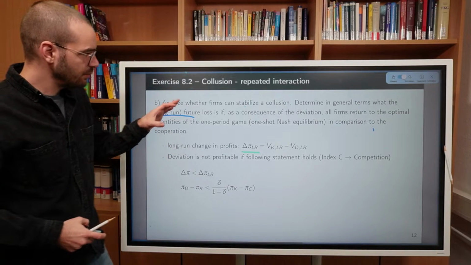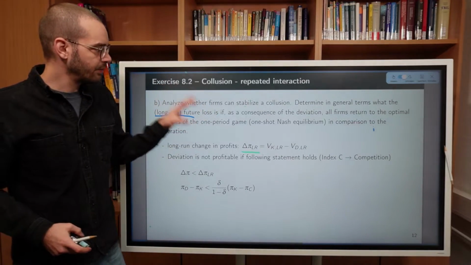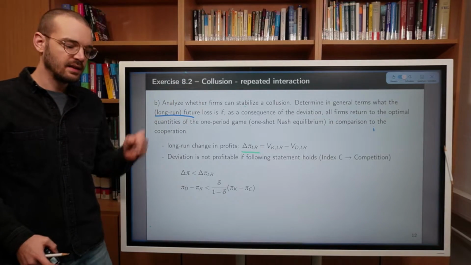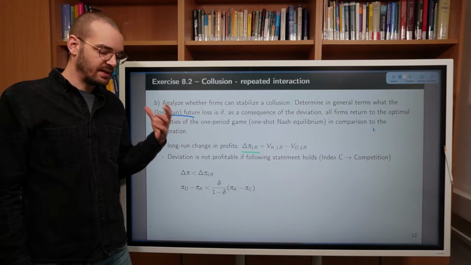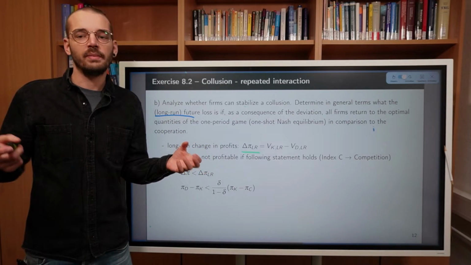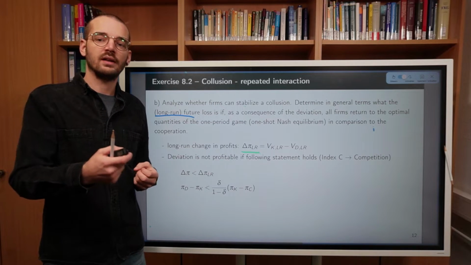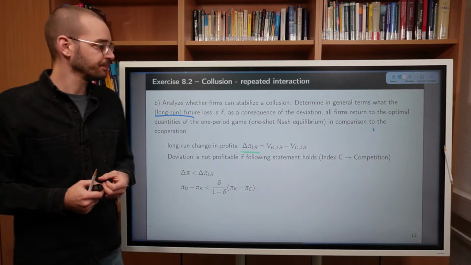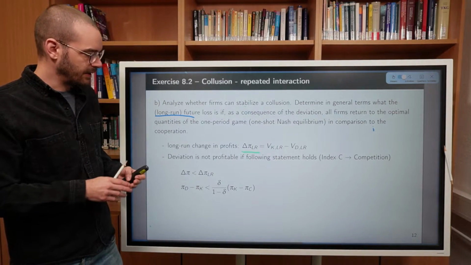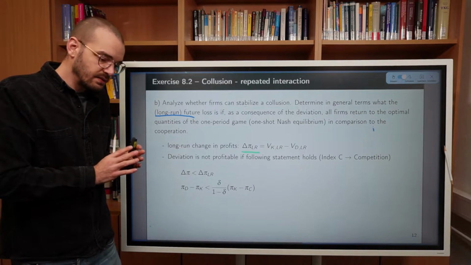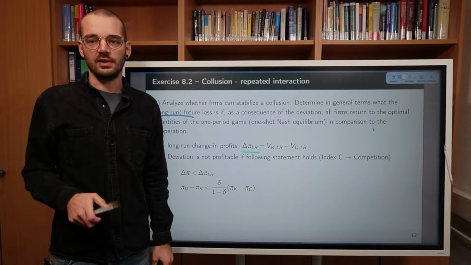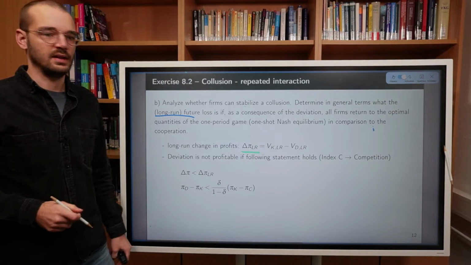Because if we now want to analyze whether firms can stabilize collusion, we are implicitly asking whether or not it is possible that this short-run incentive is outweighed by the long-run punishment, the long-run reduction in profits. So if we want to understand if the short-run incentive is larger, well, let's compare these two changes in profit, short run and long run.